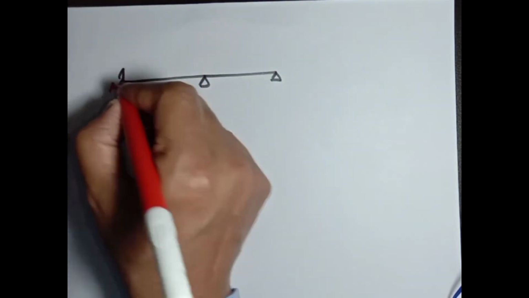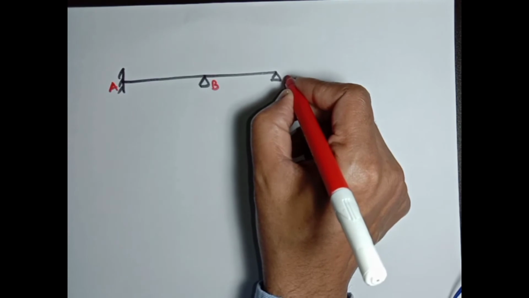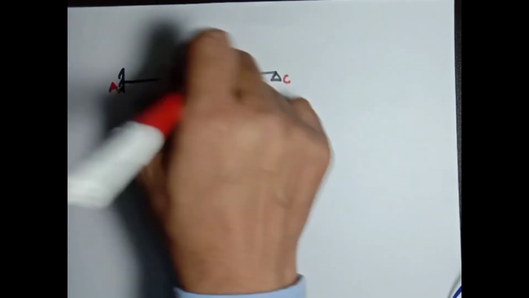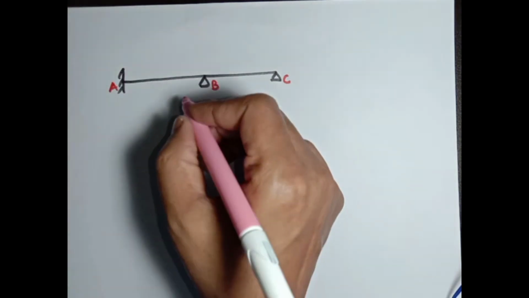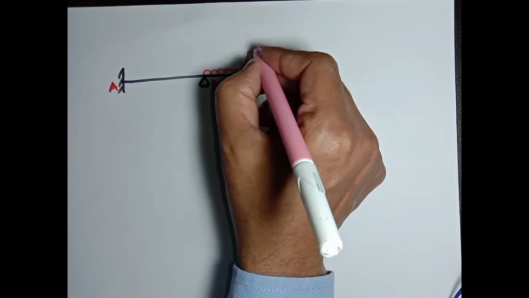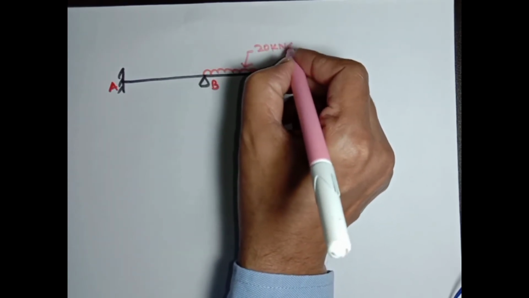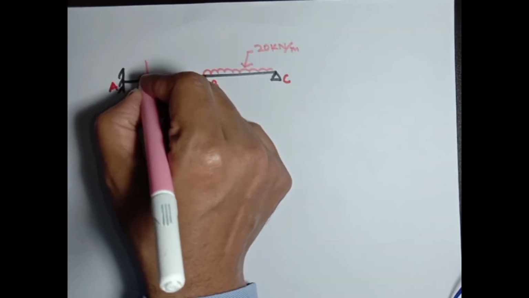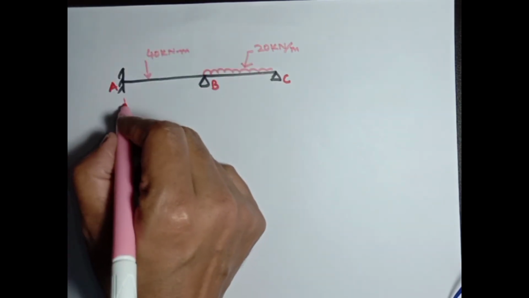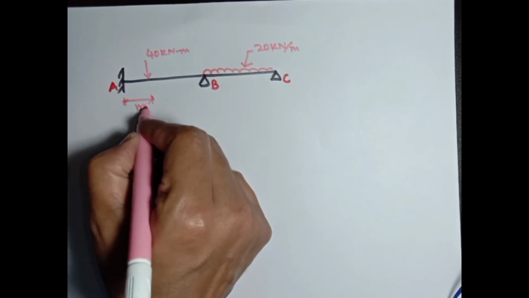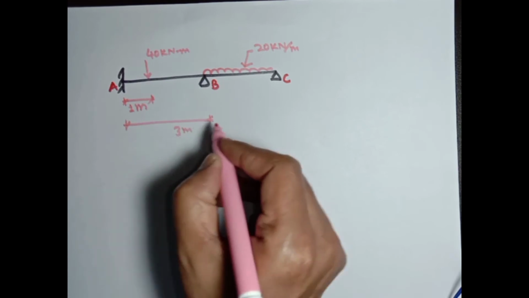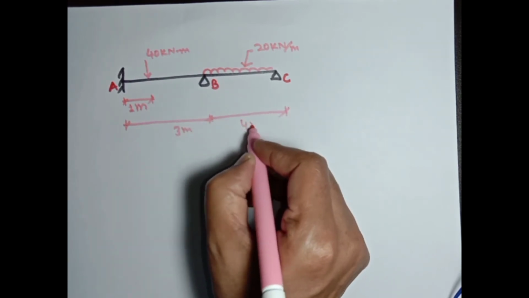This is joint A, this is joint B, this is joint C, or you can say support A, support B and support C, and this is subjected to a UDL value of 20 kilonewton per meter. There is a point load of 40 kilonewton at a length of 1 meter from this, and this length is 3 meter and this length is 4 meter.